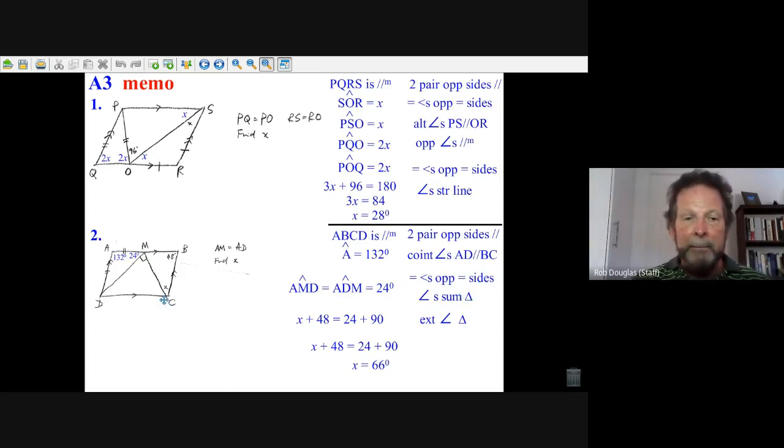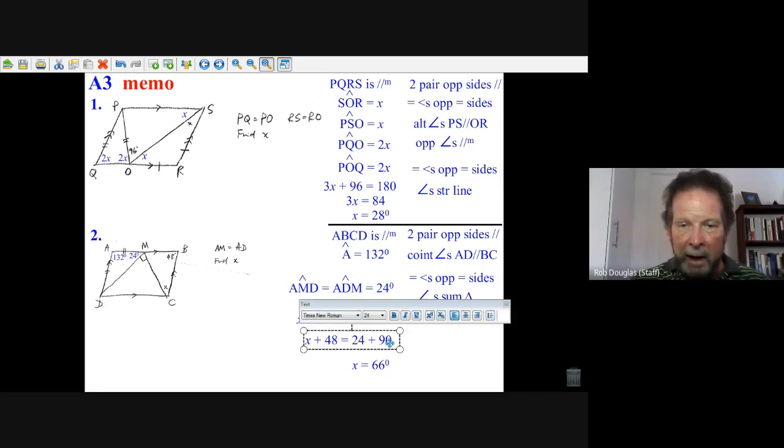Okay, now this 24 and 90 is the exterior angle of triangle MBC, and it equals these opposite interior angles added together. So x plus 48 equals 24 plus 90. Well, all we have to do is add 24 and 90, and we get, I think, 114.